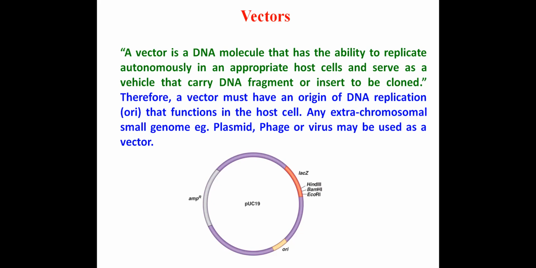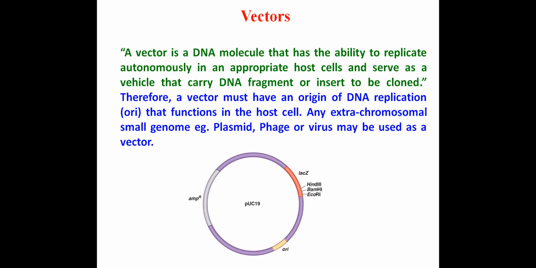So the vector carries your DNA fragment inside the host. It may be a bacterium, it may be a eukaryotic cell. When it carries your gene of interest or a DNA fragment that you want to be cloned or expressed, it goes inside the host cell where it can replicate and multiply itself.